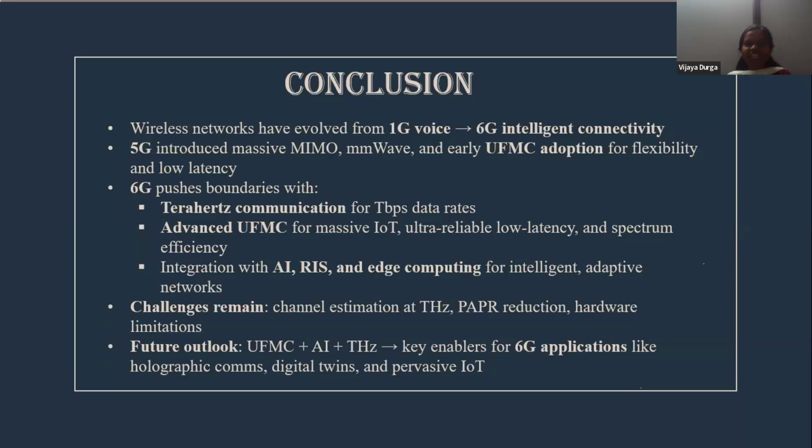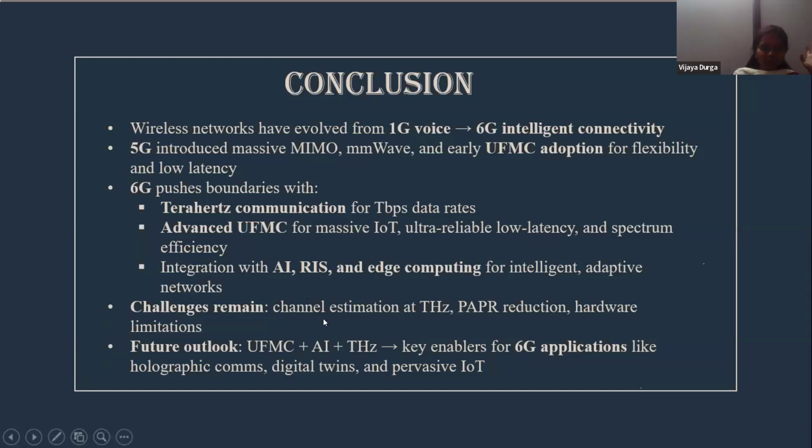And 6G pushes the boundaries with terahertz communication for terabits per second data rates, and advanced UFMC. UFMC is already discussed for 5G. If you want advanced UFMC for massive IoT, ultra reliable low latency, and spectrum efficiency, you can add some intelligence to that UFMC: integration with AI, RIS, reconfigurable intelligent surface, and edge computing for intelligent and adaptive networks.